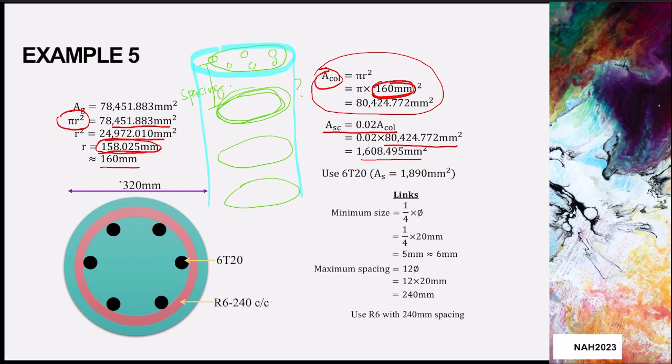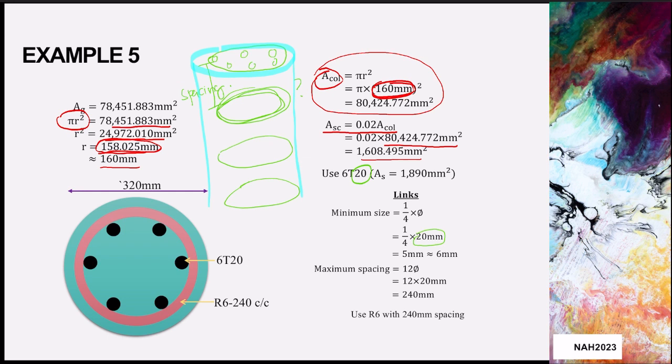Using the formula for size, 1/4 times the diameter of the largest longitudinal bar. Since we don't use a combination of bars, we use one size only, which is 20. So you multiply by 20 mm.